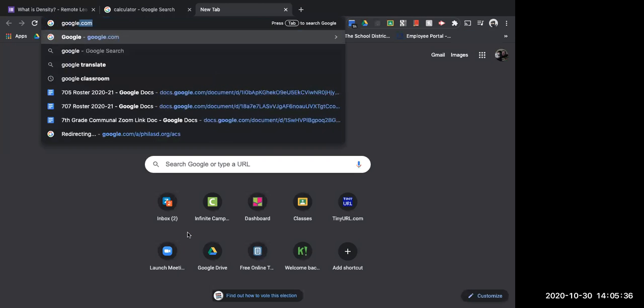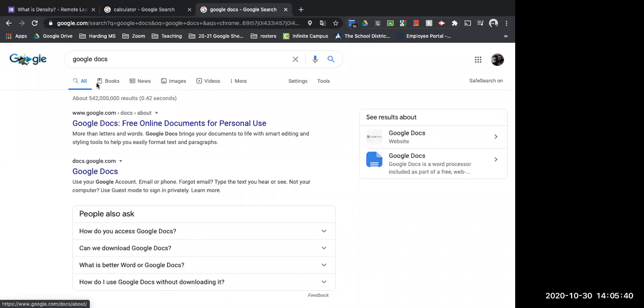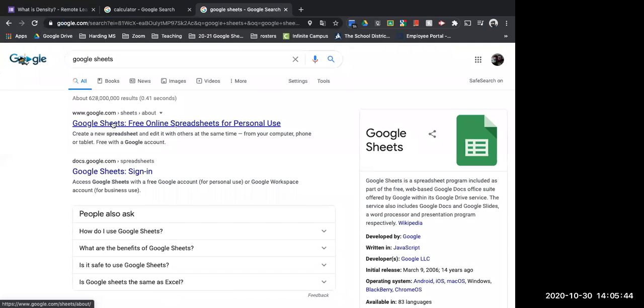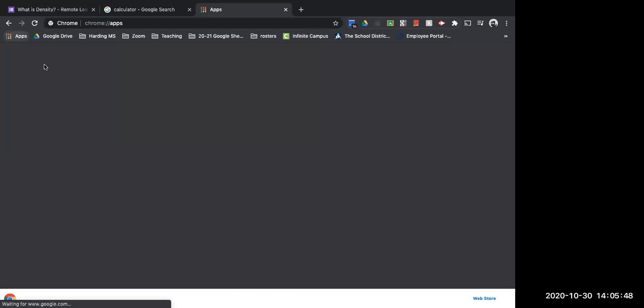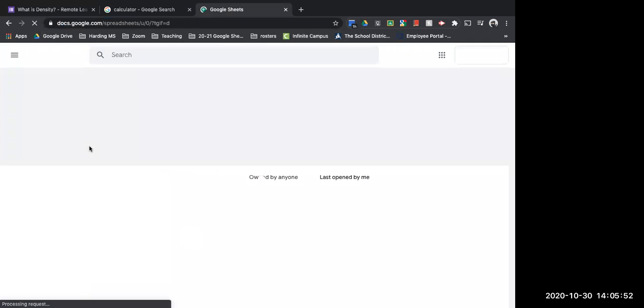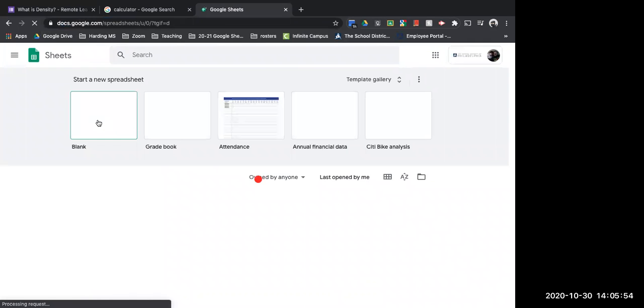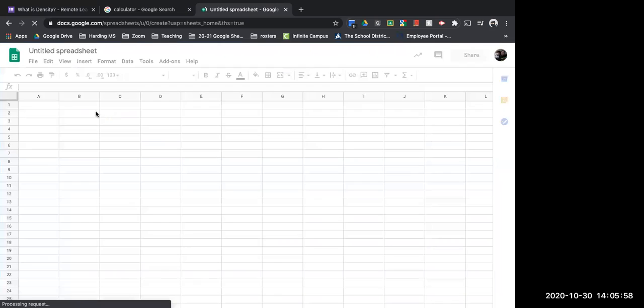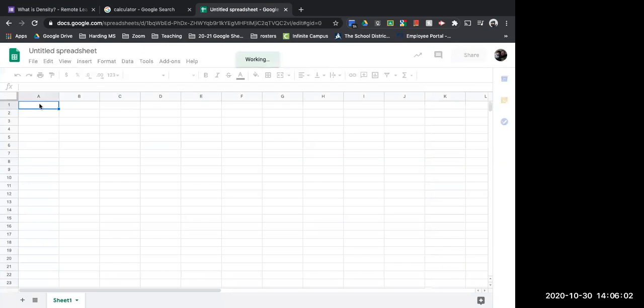You can do that right like this. Just go Google Docs. Let's see, you open up. Actually, go Sheets, makes it easier, right? You could also go to your apps, go to Sheets. And again, you're doing the same exact thing as before, right? Yeah, so it's just taking a while, that's all.